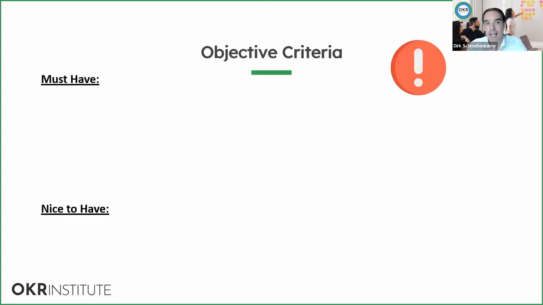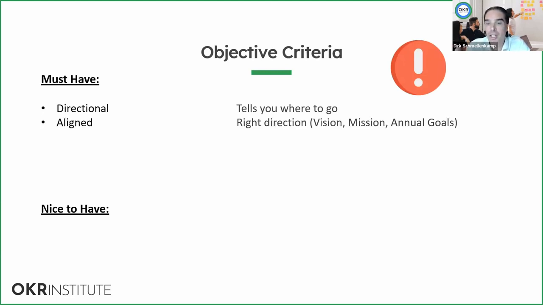Objective criteria, I'll just go quickly through these slides. I think that's very important. It should be directional, telling you where to go, and aligned to your vision, mission and annual goals. That's why I always think about not using KPIs, but really thinking about what you want to achieve for the annual goal, what you want to achieve for the three-year goals.